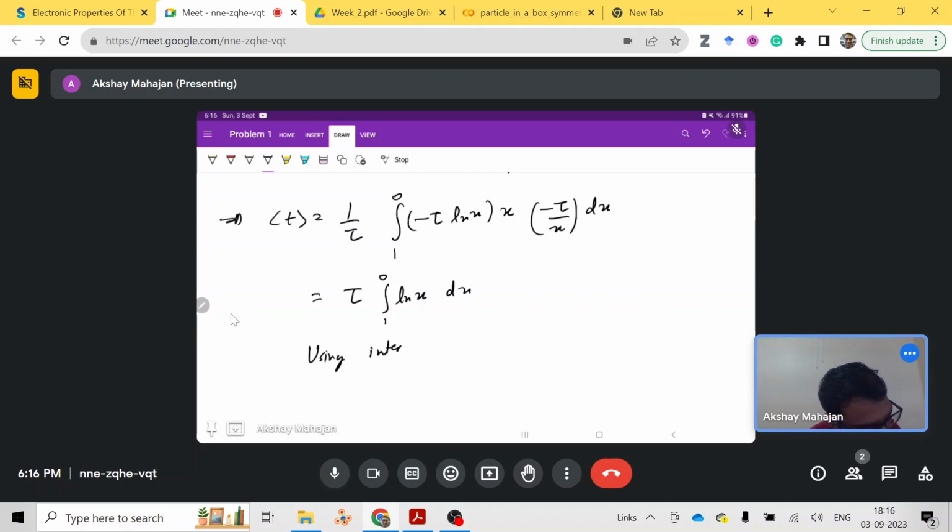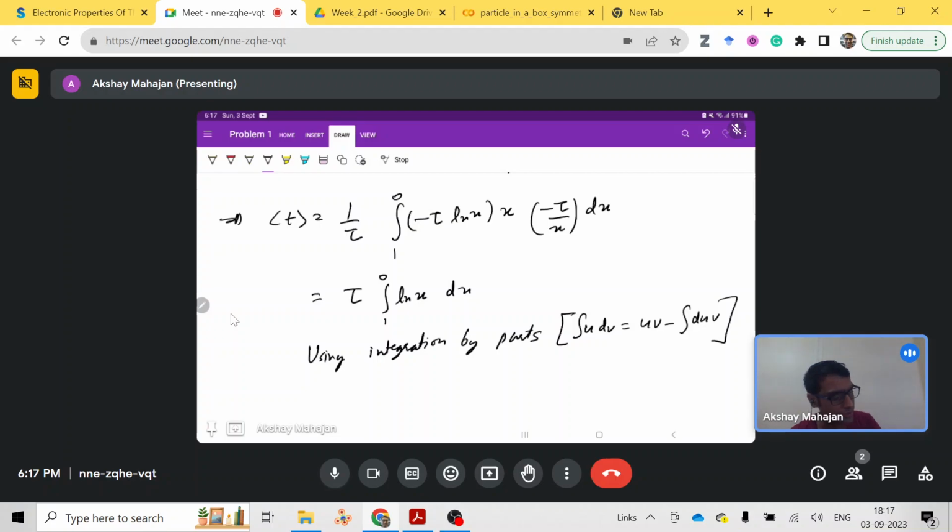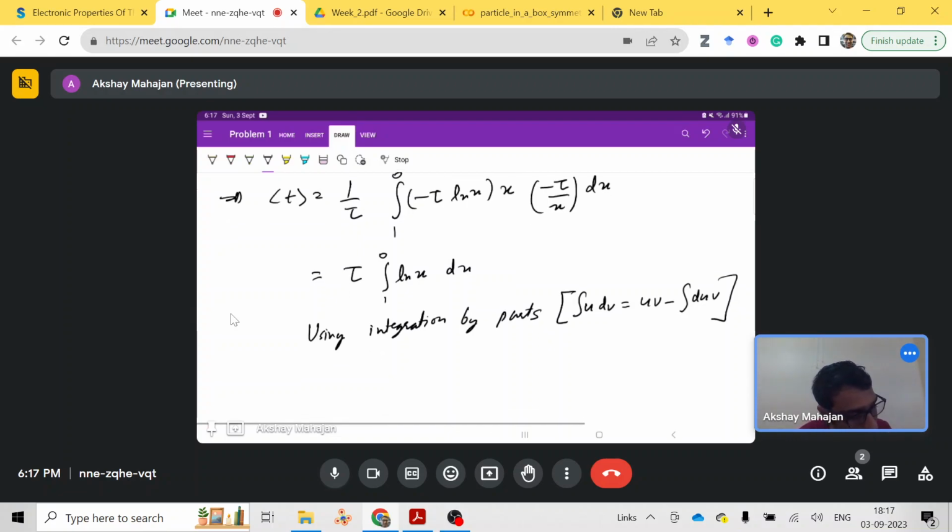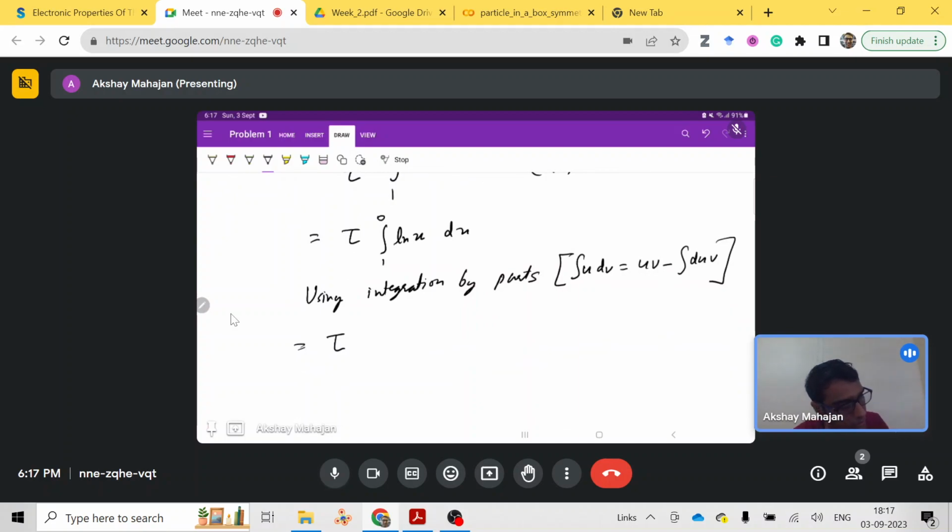The formula is basic mathematics: integration of u dv is equal to uv minus integration of v du. Here we are going to take dv as 1.